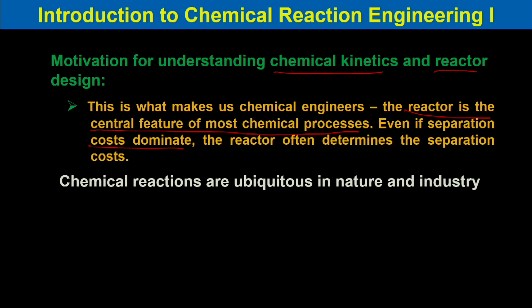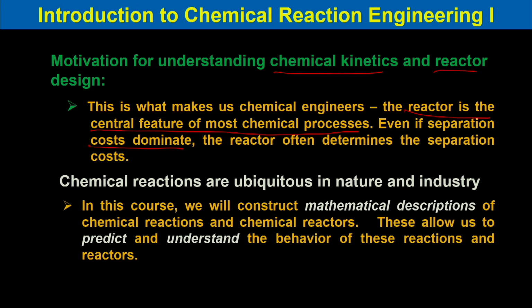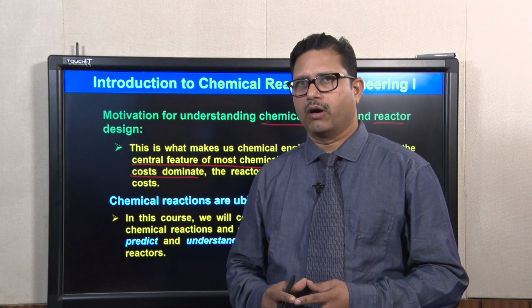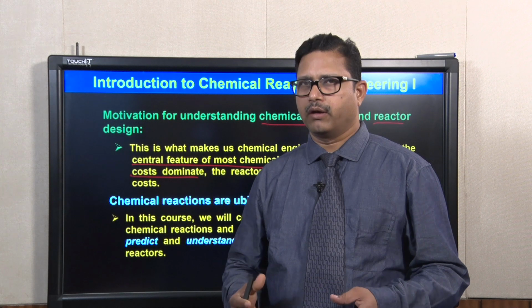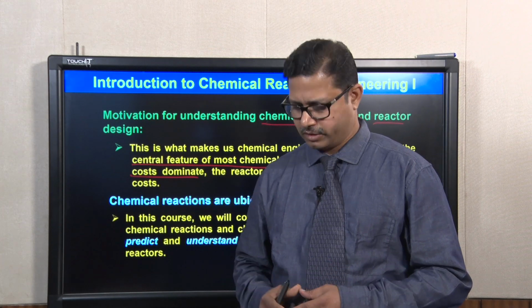Chemical reactions are ubiquitous in nature and in industry, as you know. So, this course will construct the mathematical description of chemical reactions and chemical reactors. It will represent the chemical reactions and reactors in mathematical form, which we call the design equations, or the modeling of reaction rates, or the reactor design, or the modeling of reactors.